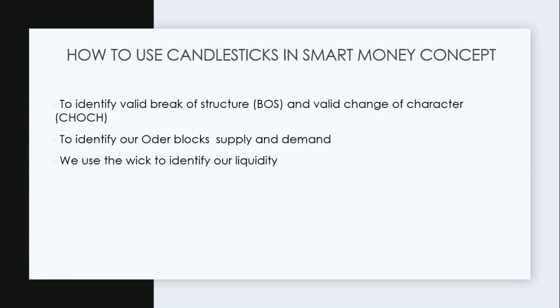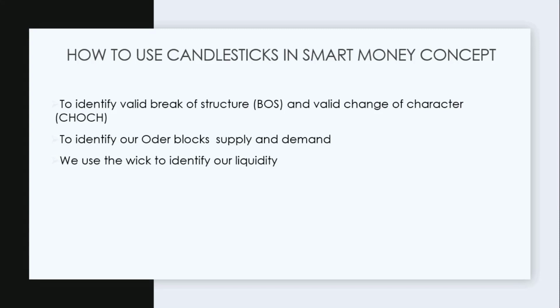But on the bar chart, you will struggle to identify your price action and all those movements. We also use the wick to identify our liquidity. As smart money traders, we use the wick as a grab of liquidity.